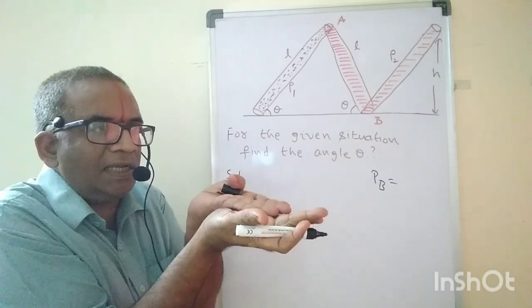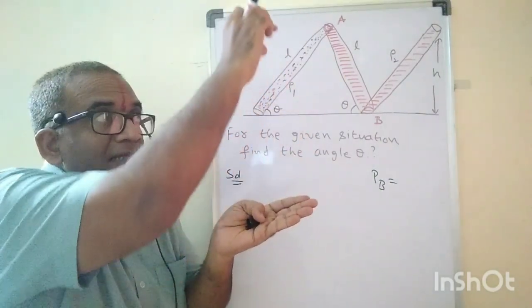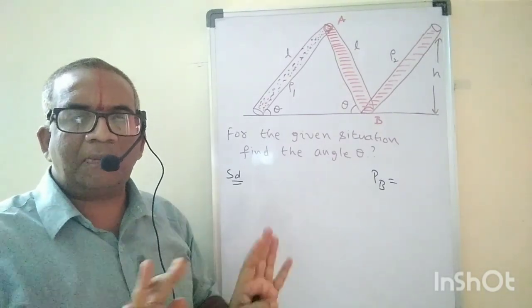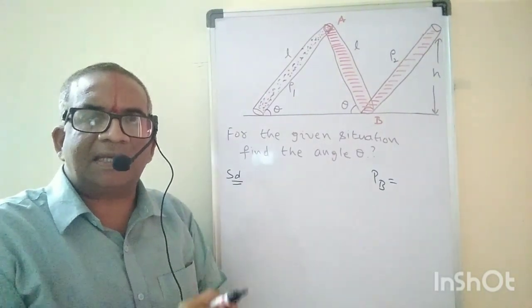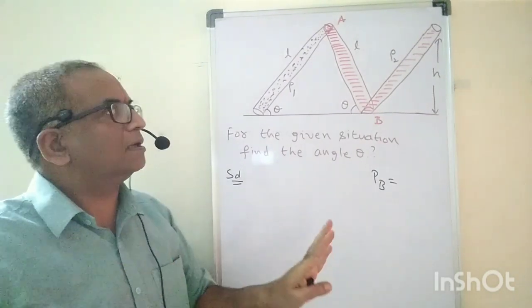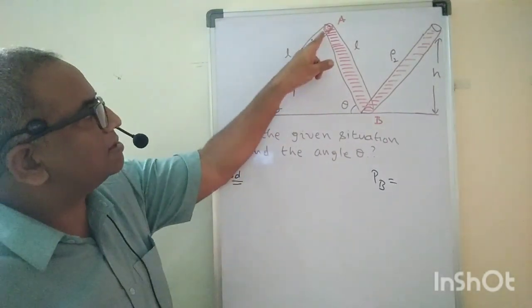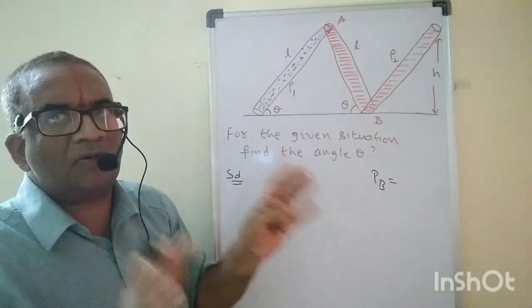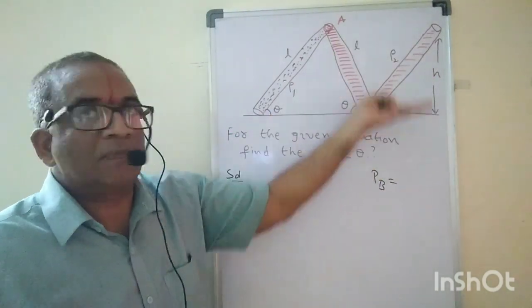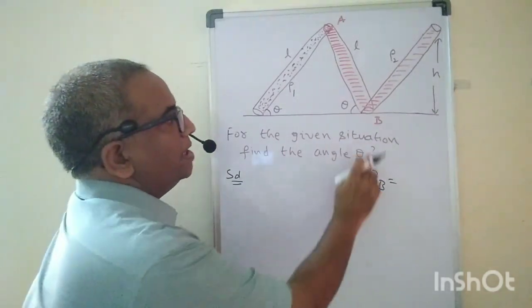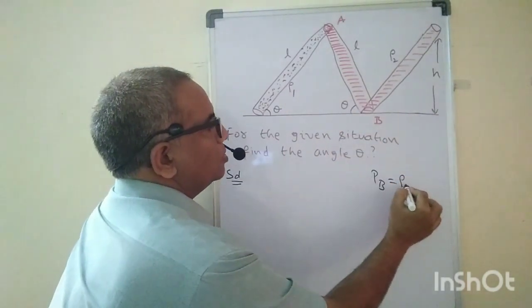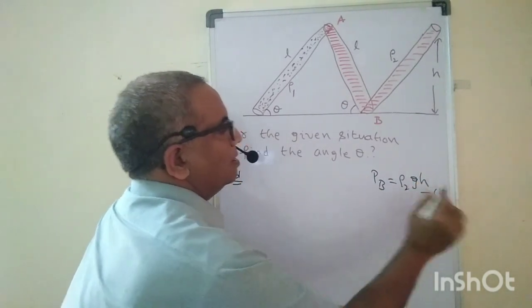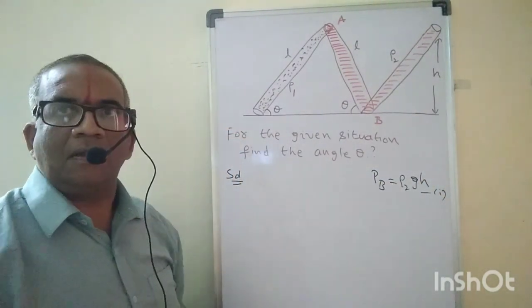We don't need the slanting length at all. In this case they give the slanting length, so that is of no use here. Every time we take only the height. So what is the pressure at B here? It's nothing but ρ2 g H. Say this is equation 1. Keep it aside.